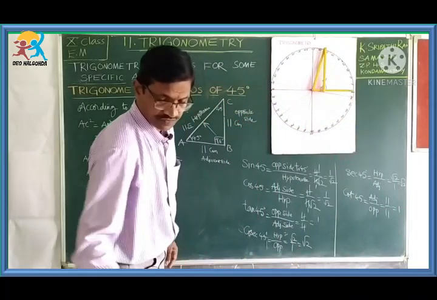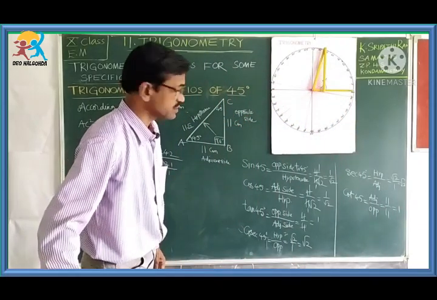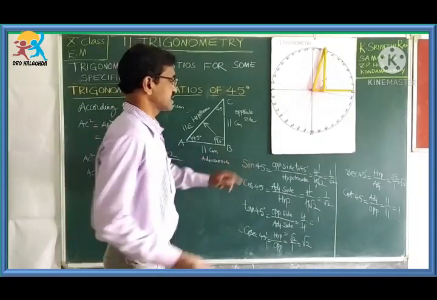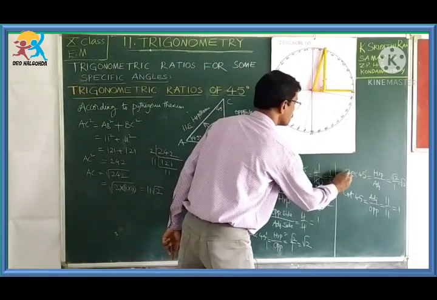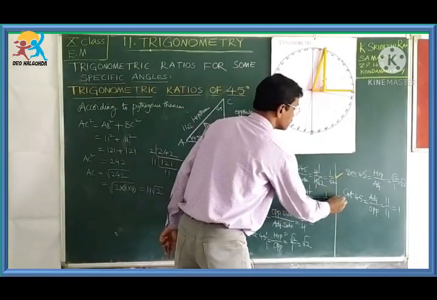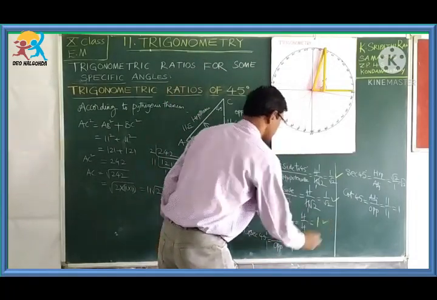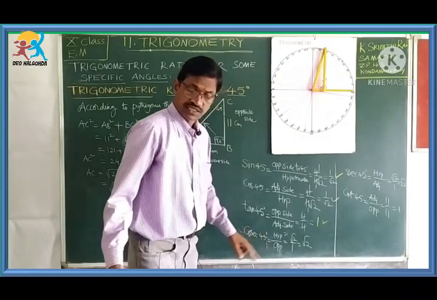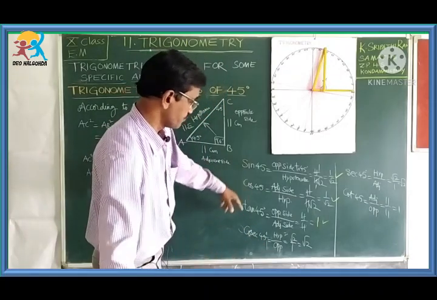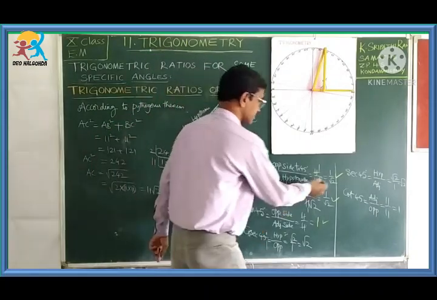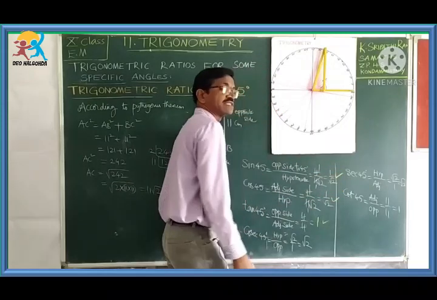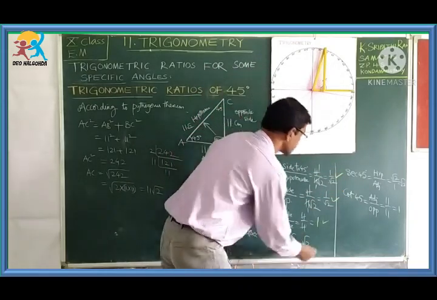In this way we get the trigonometric ratios for 45 degrees. First, sin 45 is 1 by root 2, cos 45 is 1 by root 2, both are equal, and tan 45 we get 1 here. These are the reciprocals of the above. Cosec 45, reversing sin, we get root 2 by 1, which is equal to root 2.